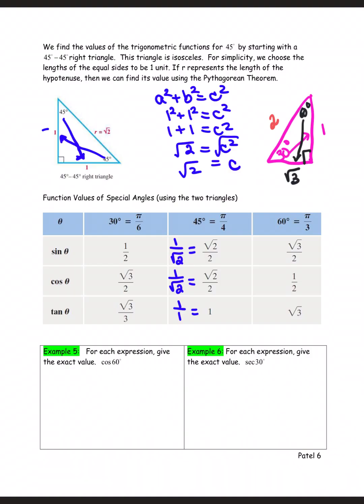That's the idea of how they got the 30 degree and 60 degree values for sine, cosine, and tangent. So for example, I want to do cosine of 60 degrees.